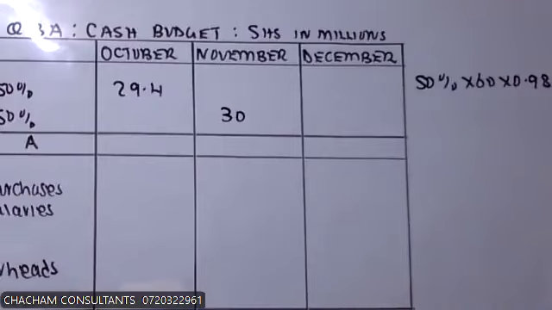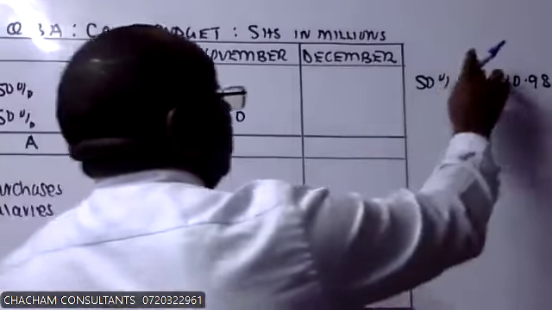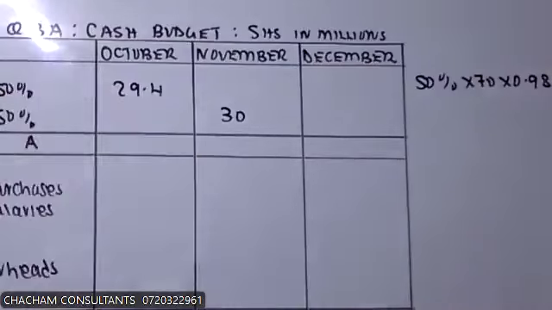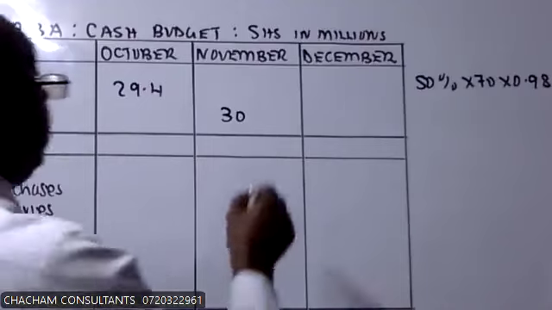Then when we go to November, we have 70. So 50% times 70 times 0.98. Yes, 34.3.